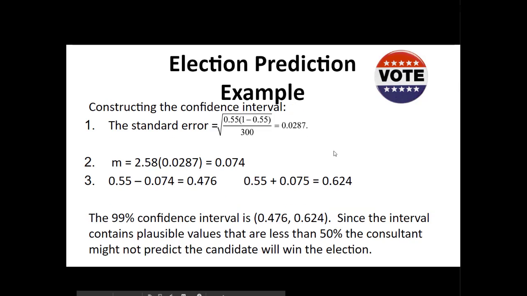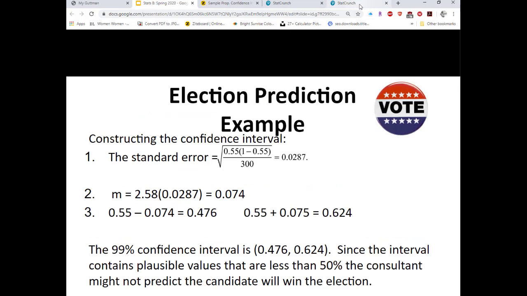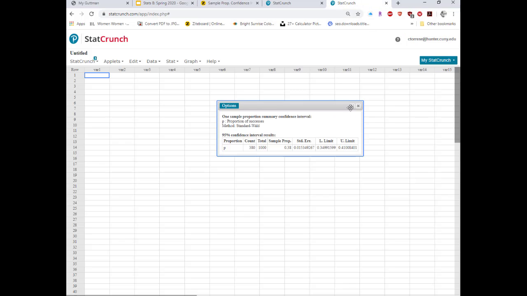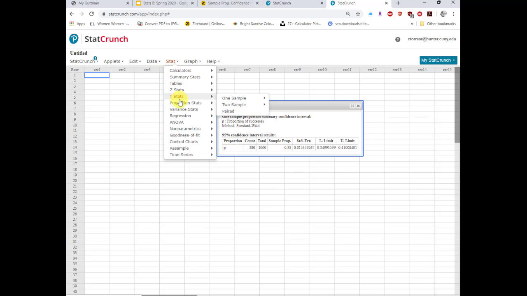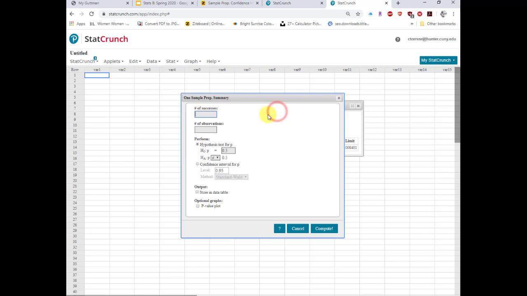The same calculations are here for you to use. I want to go into StatCrunch again, just to show you how this would work. You can go into Stat, Proportion Stats, One Sample with Summary. The number of successes was 165, right?